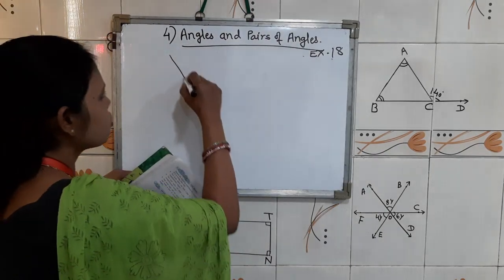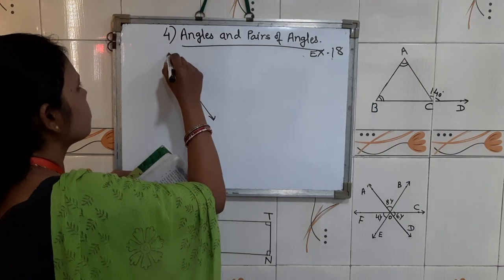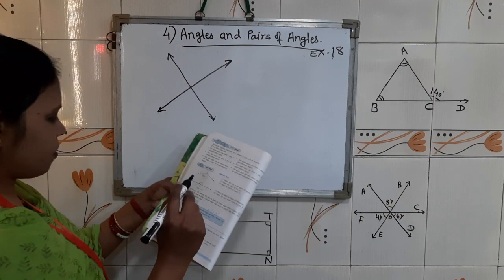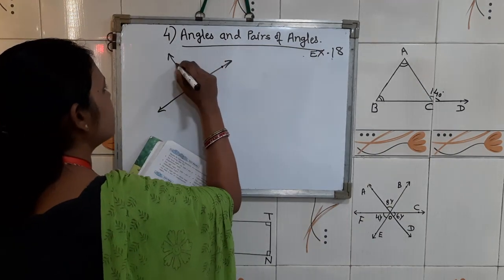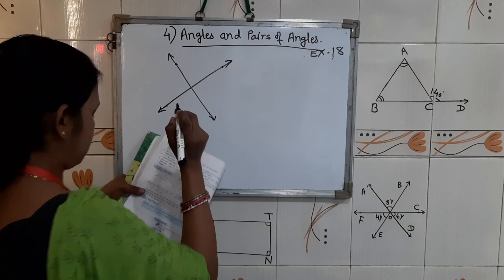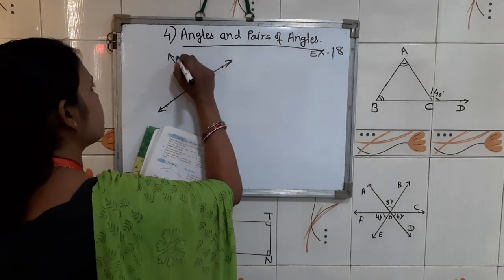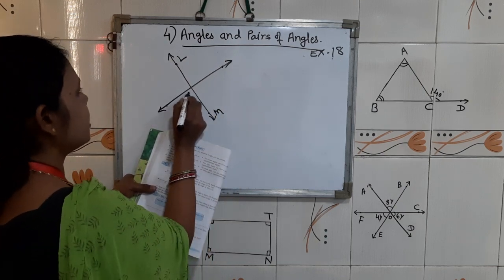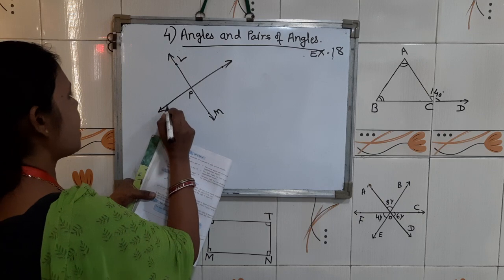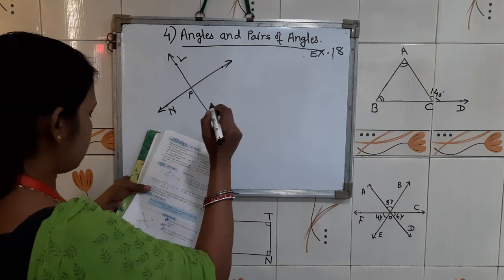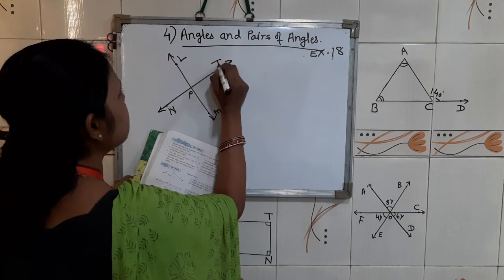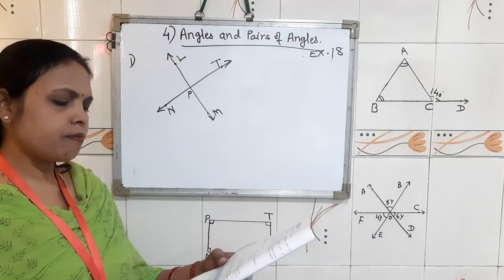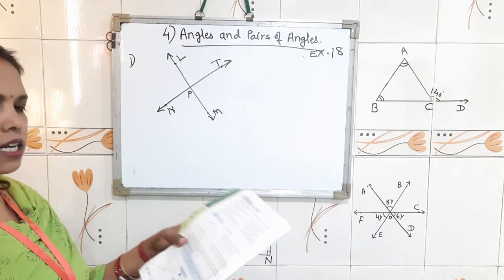Now children, first we will draw the given figure. Here we have drawn the figure, and in this figure points are given, that is point L and point M. Here in the middle is P, and the next line is given N, here T. So in our first question, name the pair of opposite rays.